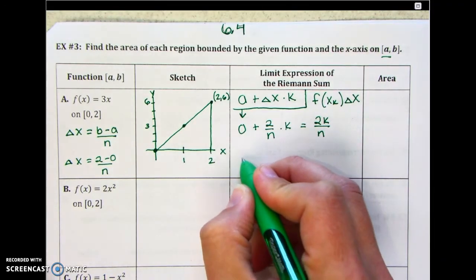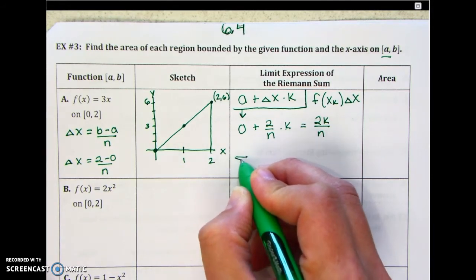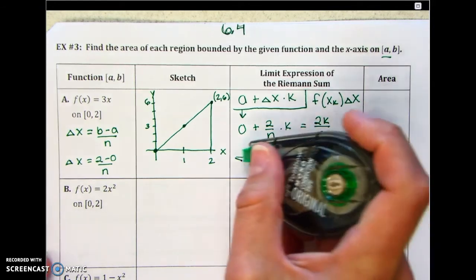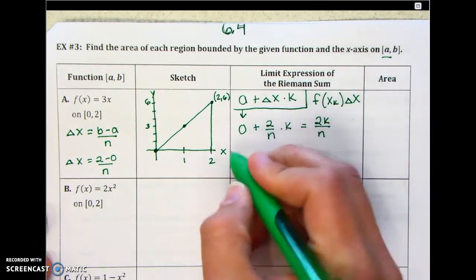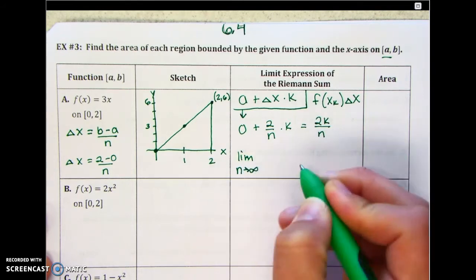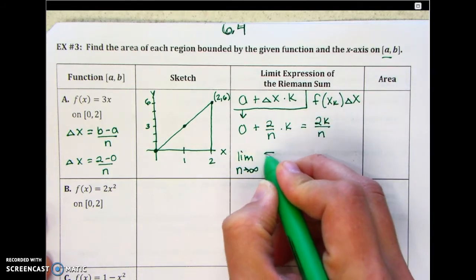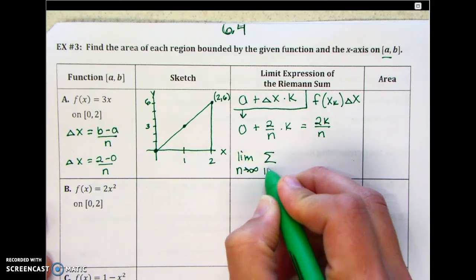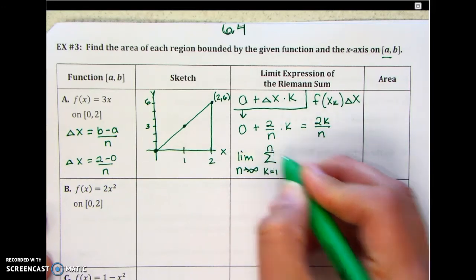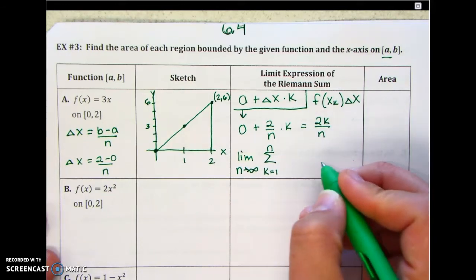So here's how we do the limit expression. We do not start with the sigma, we start with the limit. Here we go. The limit as n goes to infinity. When we want an infinite number of rectangles will be the sum from k equals 1 to n. We're starting with one rectangle and going to infinitely as many rectangles.